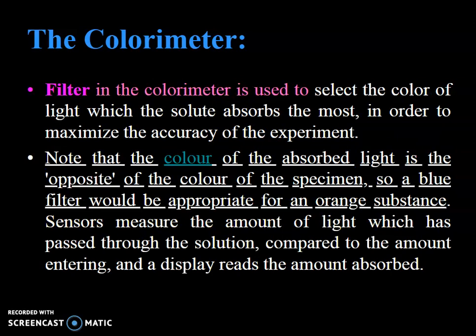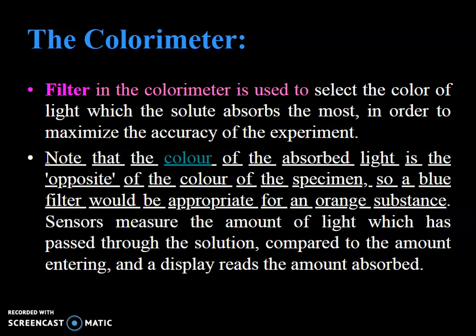The filter in the colorimeter is used to select the color of light which the solute absorbs the most, in order to maximize the accuracy of the experiments. Note that the color of the absorbed light is the opposite of the color of the specimen. So a blue filter would be appropriate for an orange substance.